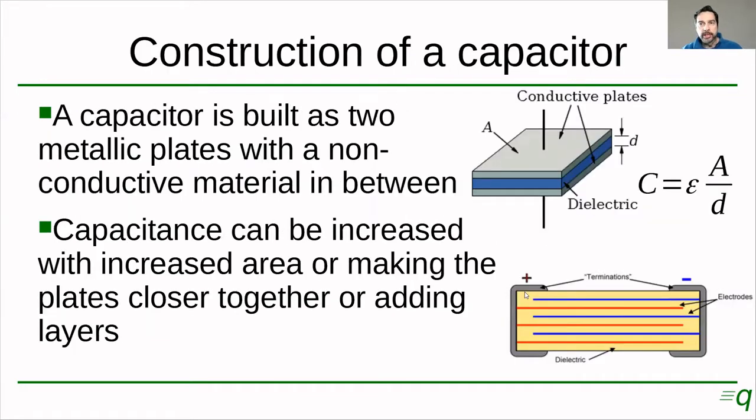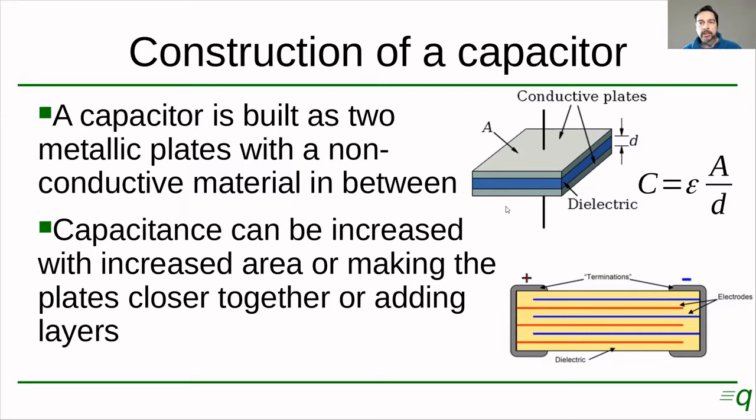So how is a capacitor made? A capacitor is built as 2 metallic plates, separated by a non-conductive material, like this one here.